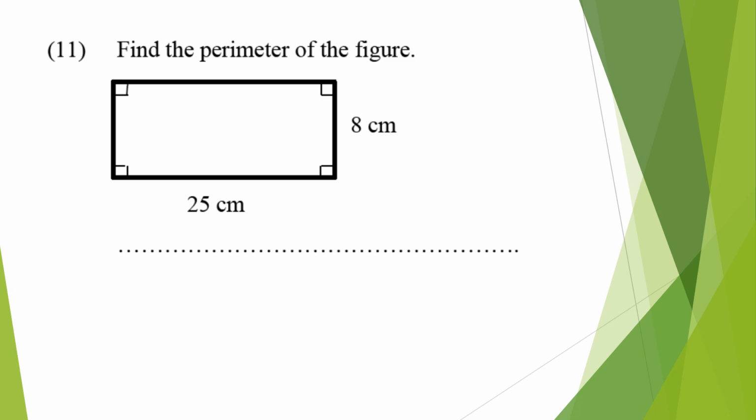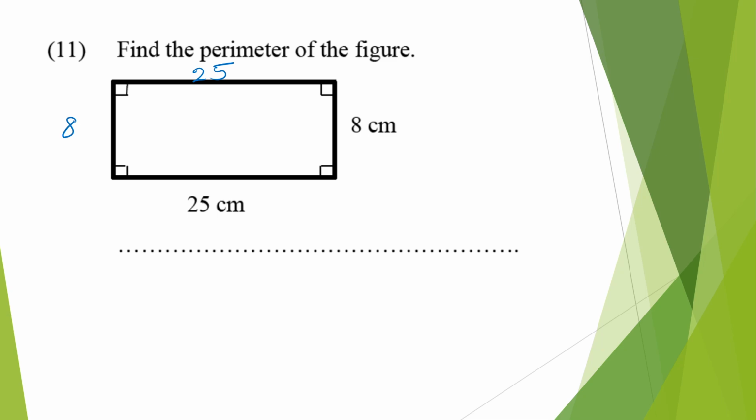Find the perimeter of the figure. The perimeter means the length of the outer sides, the outer boundary. The collective length of this outer boundary is called the perimeter, right? So in this, this is 25 and this side is also 25, and this is 8 and this side is also 8, because this is a rectangle.